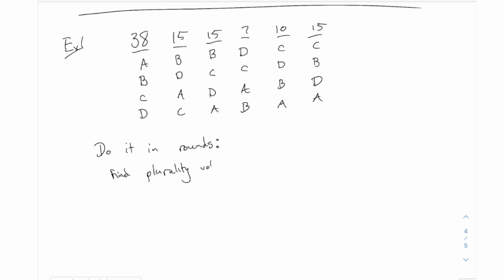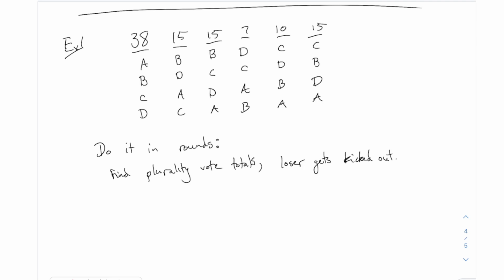And in each round, you're going to eliminate one candidate one after another. Whoever had the fewest number of first place votes gets thrown out. So you find the plurality vote totals, and then the loser gets kicked out.